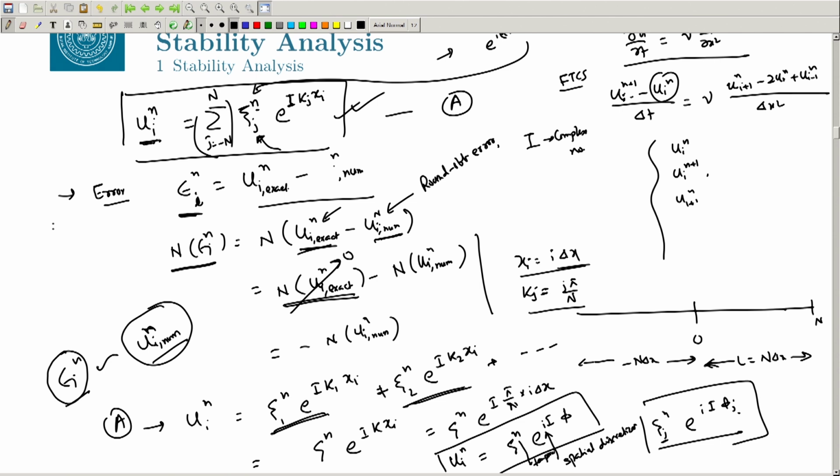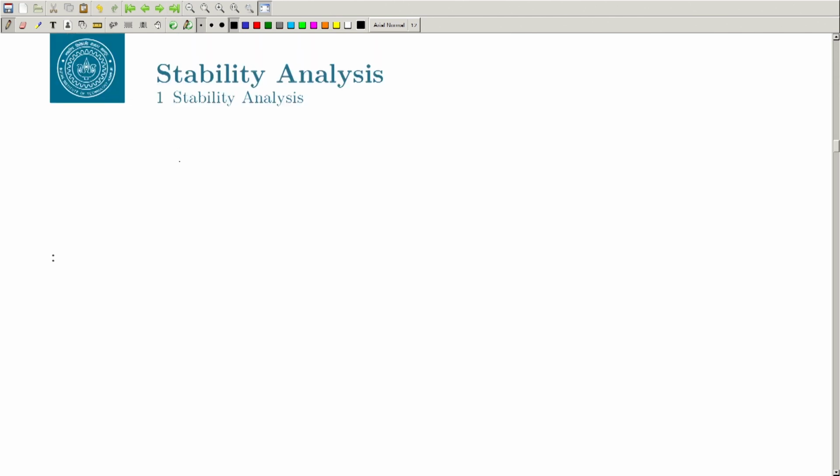Now u_i^n is basically g^n e^(i phi). We have done what I call variable separation, so that time is separate from space. And for stability, this g^n is your amplitude.